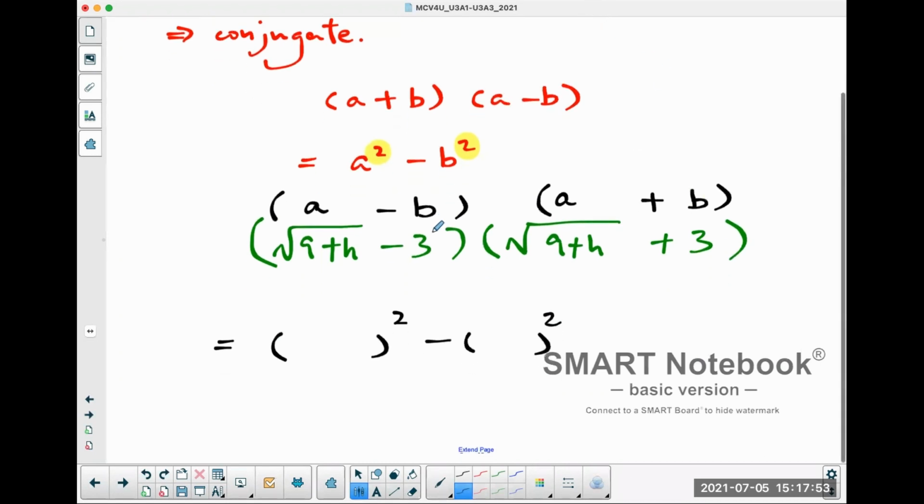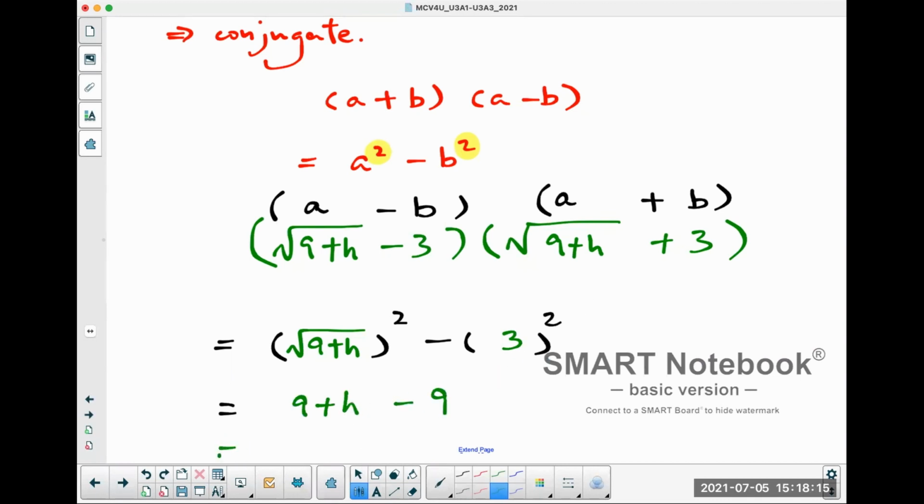What's a again? Well, a is whatever is in the front. A is this guy. What's b? B is that guy. What happens when you square the square roots? Well, it simply removes the square roots. And 3 squared is 9.